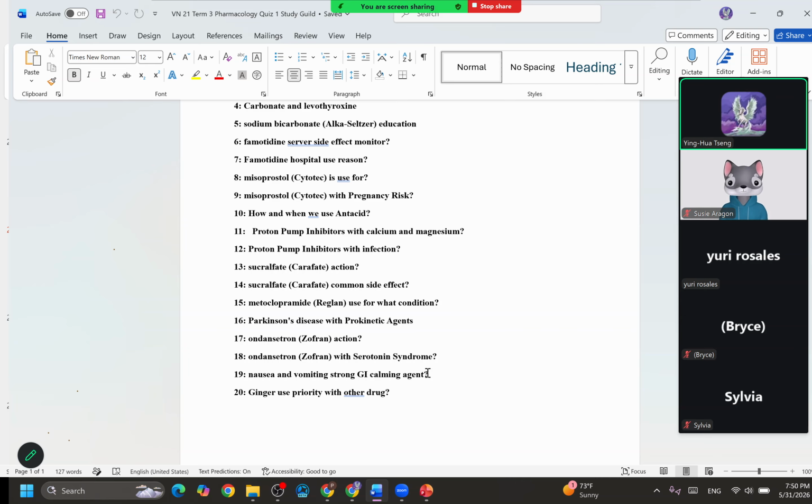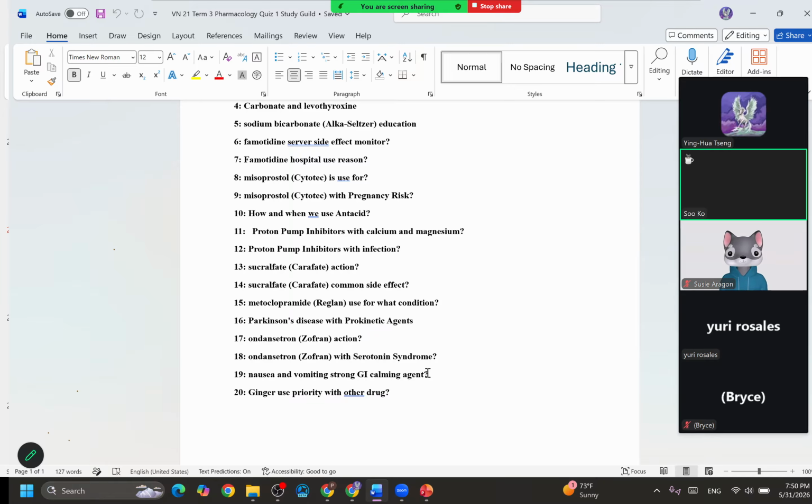So just monitor the lab, okay? When we're taking the proton pump inhibitor, with the calcium and magnesium, just see that the lab is normal. Do you still remember the normal lab values for calcium and magnesium? No, 135 to 145 is sodium.